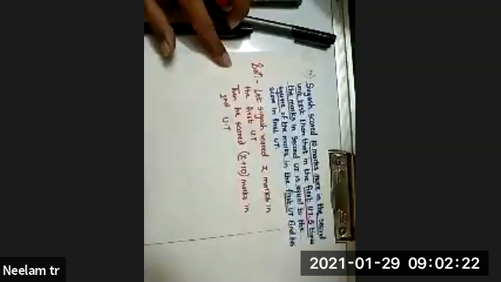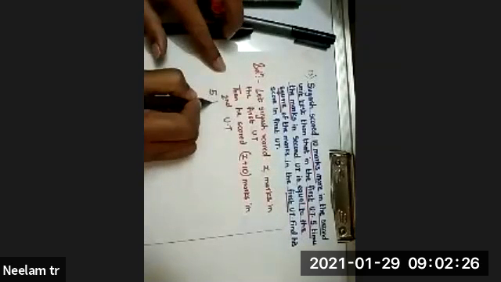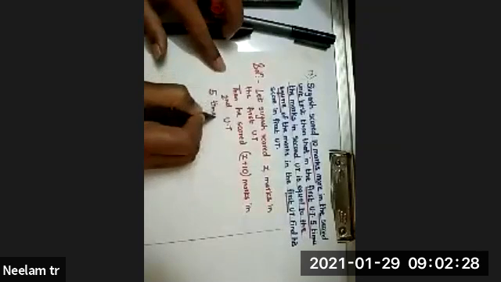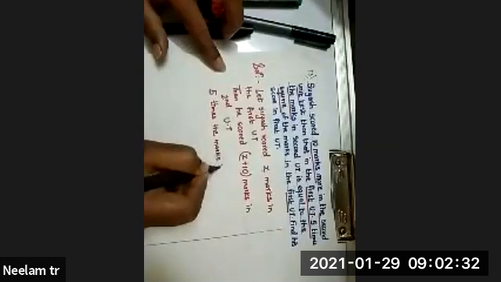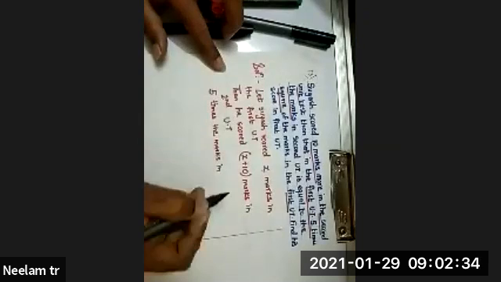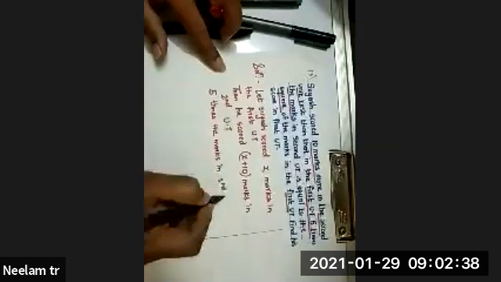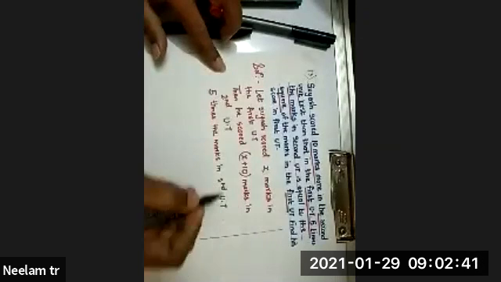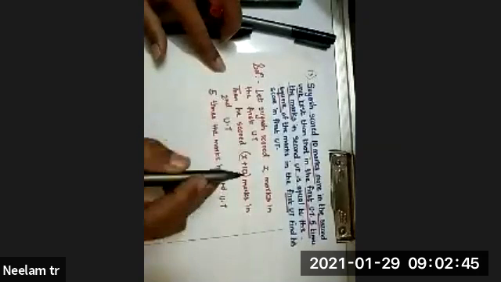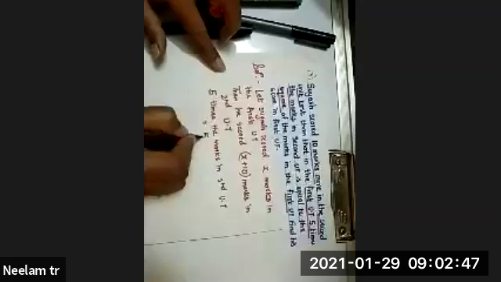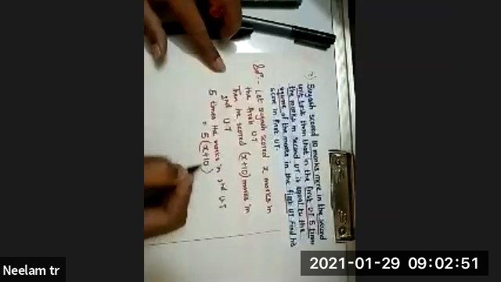The marks in the second unit test were x plus 10, and 5 times means it will get multiplied by 5. You'll say, yes ma'am, 5 times x plus 10.